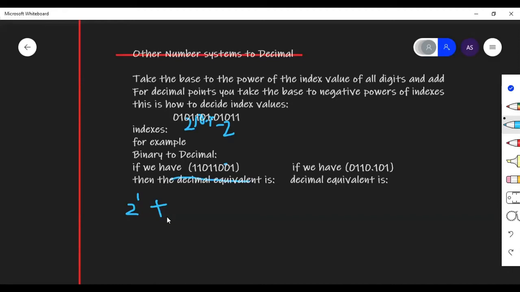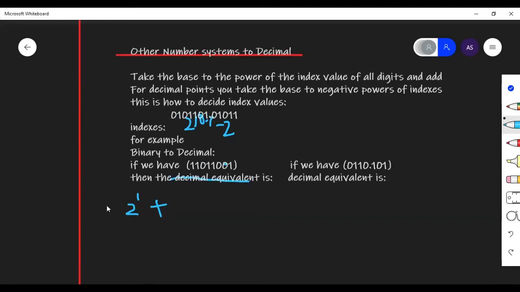Now since we have 1 over here, I'll do 1 multiplied by 2 to the power 0. Then I'll do 0 into 2 to the power 1, plus 0 into 2 squared.